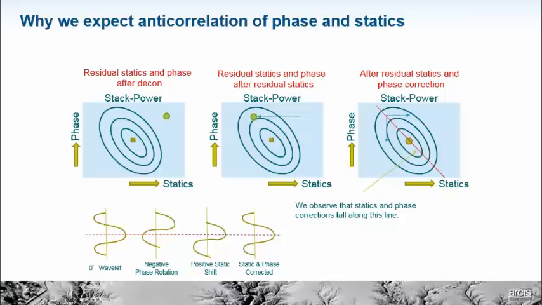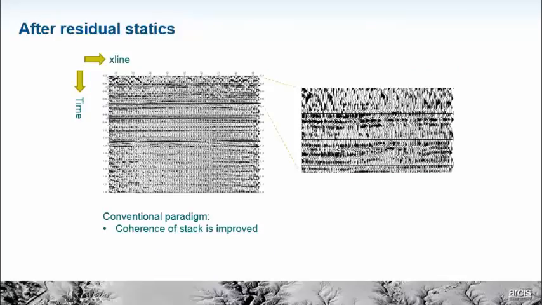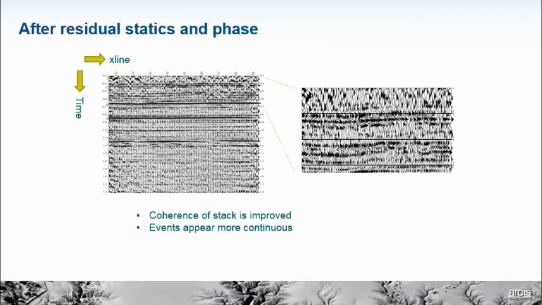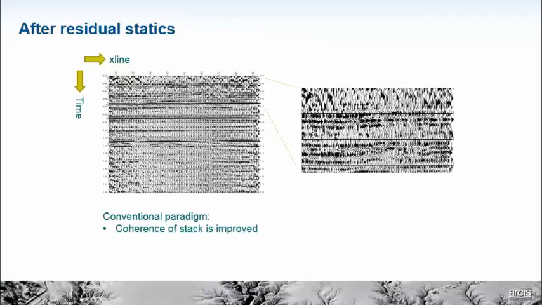That comes up with a static shift, which lines up the peak with the peak in this segment. But as you can see, if we apply both a static and a phase rotation that are in fact anti-correlated with each other, we get to the correct answer, and we end up with a zero phase wavelet. So that's a basic concept for explaining why we really haven't uncovered a lot of phase errors up until now, before we actually looked at it.